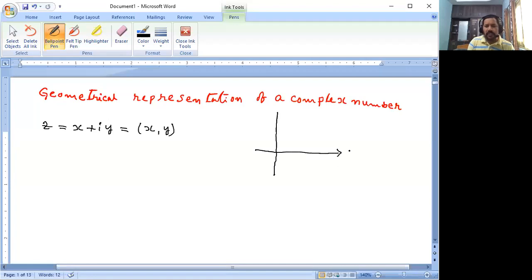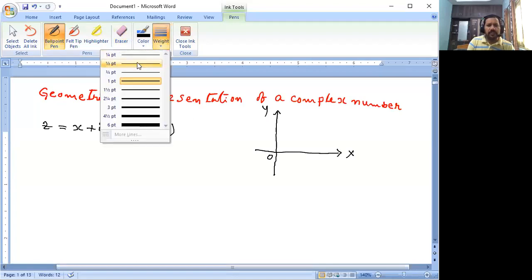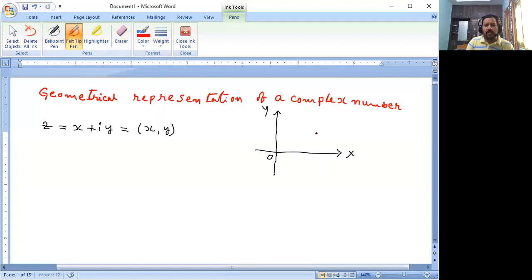Coordinate system means, you know very well, this is x-axis, origin, y-axis. Now, the complex number z is equal to x plus iy is represented as a point, which I denote P, that is (x, y).